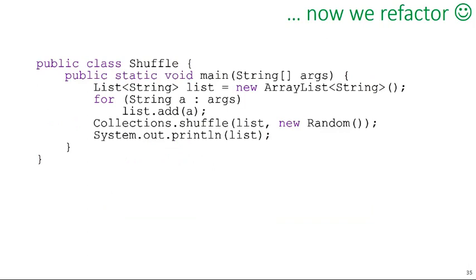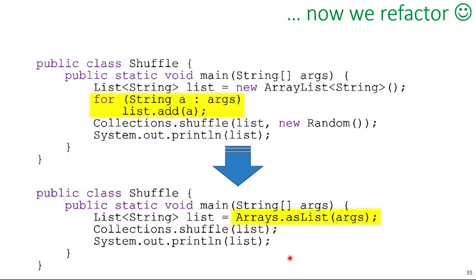What do we have in the rest of the public class Shuffle? Our main, the same thing. We are just going to simplify it now. We take that annoying bit where we create a new ArrayList and then add the elements incrementally while iterating.